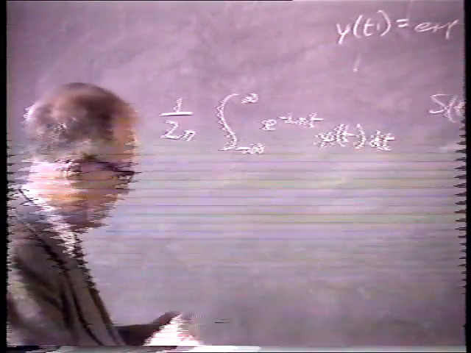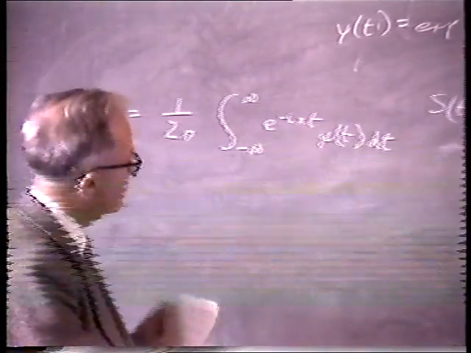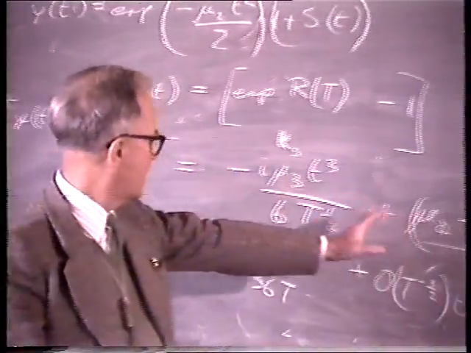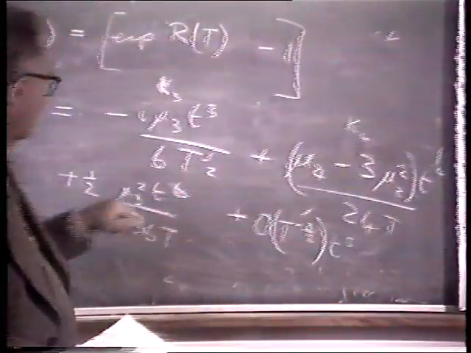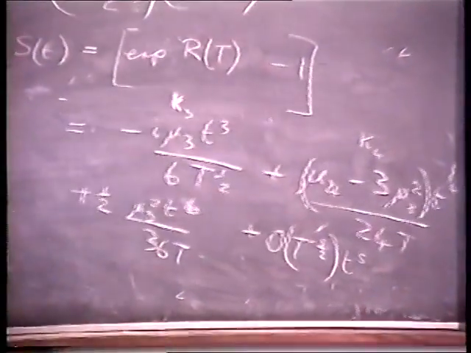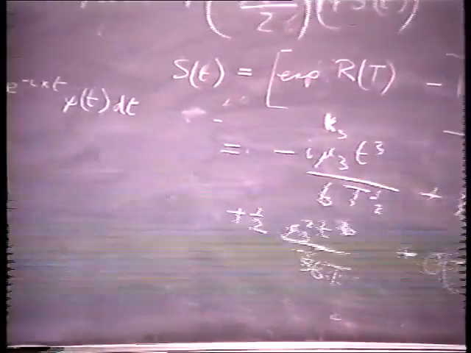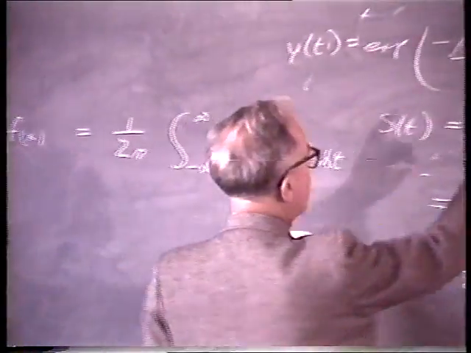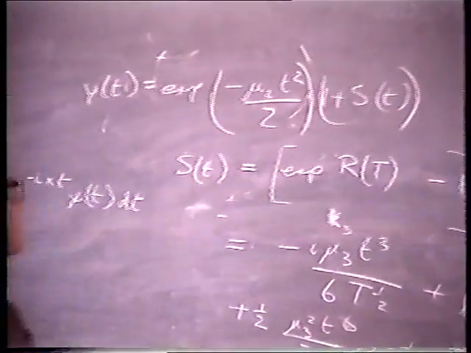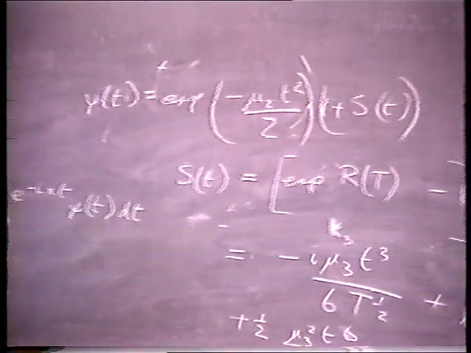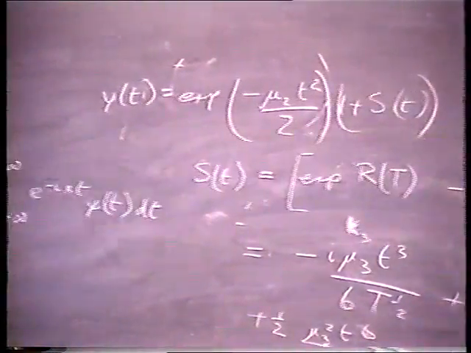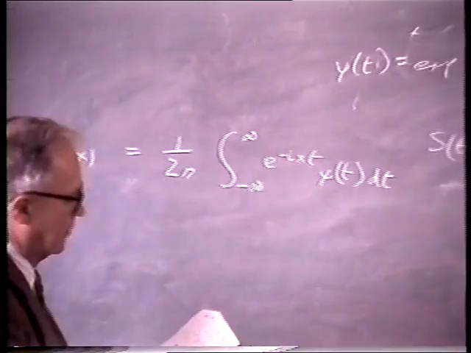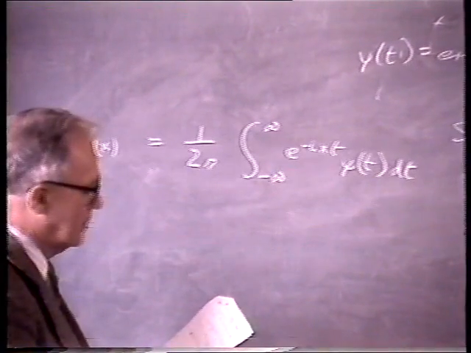But in any case, what we now propose to do is to substitute the first three terms here into this integral. The 1 here just gives you e to the minus mu 2 t squared upon 2. When you integrate that, you get just the usual asymptotic normal distribution.